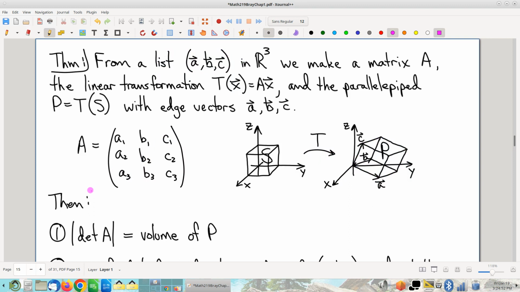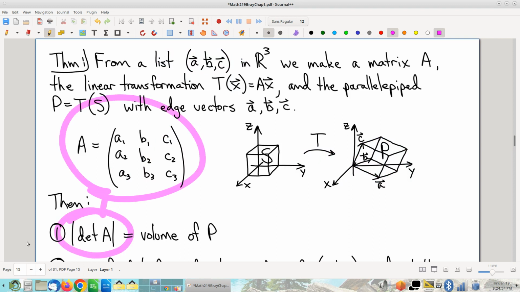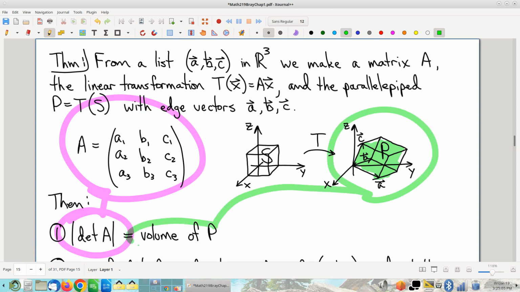So in particular, the determinant of that matrix, absolute value, tells you not area, that's a two-dimensional idea, it tells you the volume of the parallelepiped. Exactly as you would expect, it's just a three-dimensional version of area, if you will.